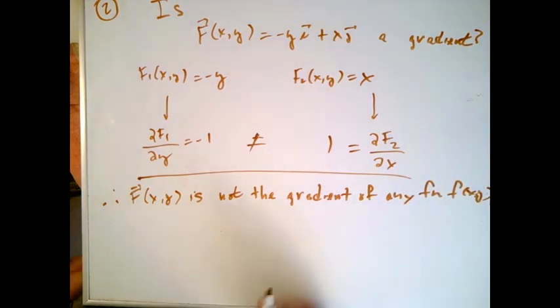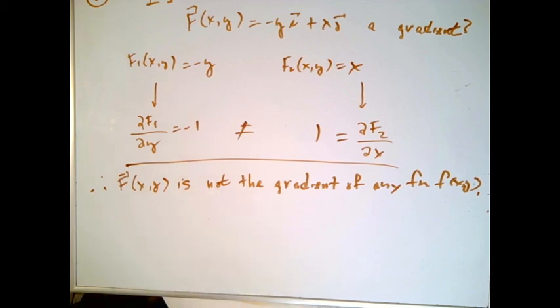Now, generally speaking, that's bad news, because that means we cannot use the fundamental theorem of calculus for line integrals to do this. Every time we see this vector field, we're going to have to start with parametric equations and just set up the normal way.